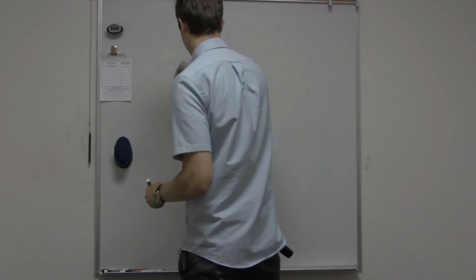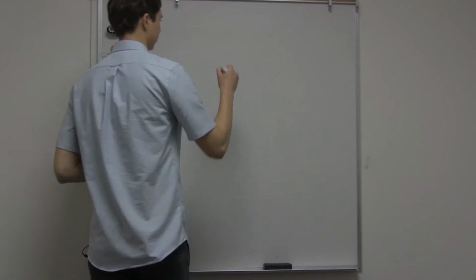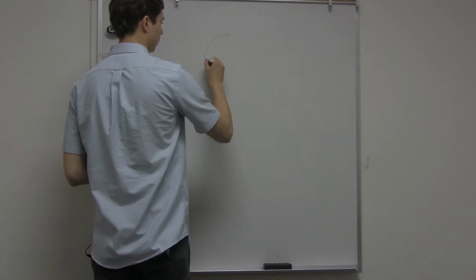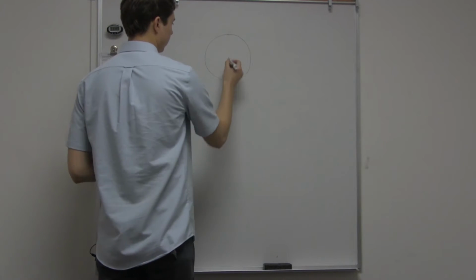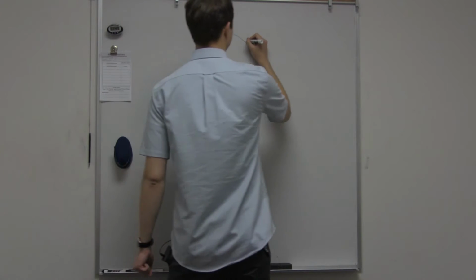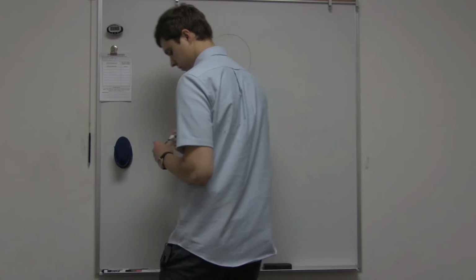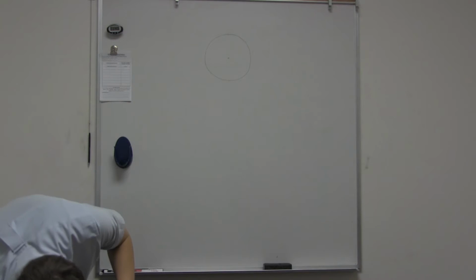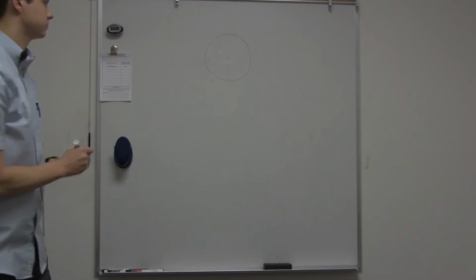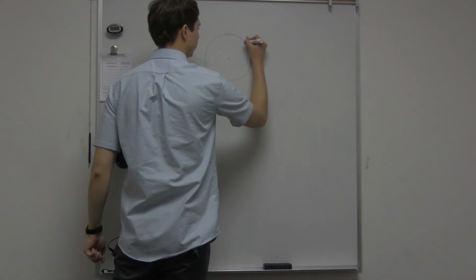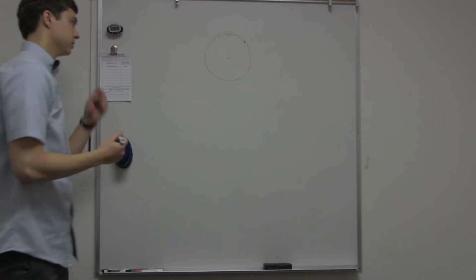So here's a little bit more conceptual review. If we've got a circle and we've got an object traveling the path of that circle, so here's our object. It's going round and round.